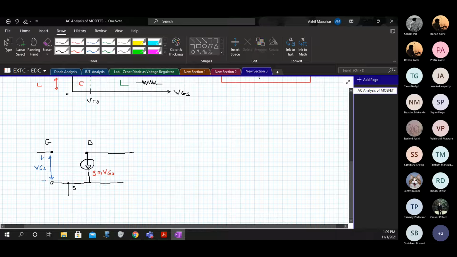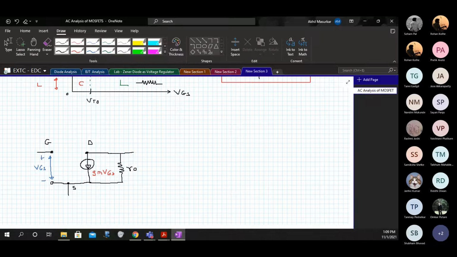So here we will have R0. Please write like this.